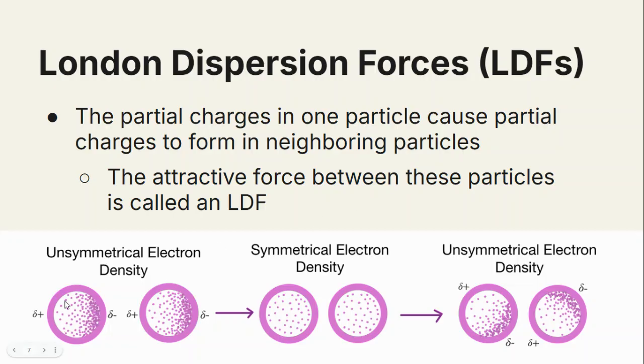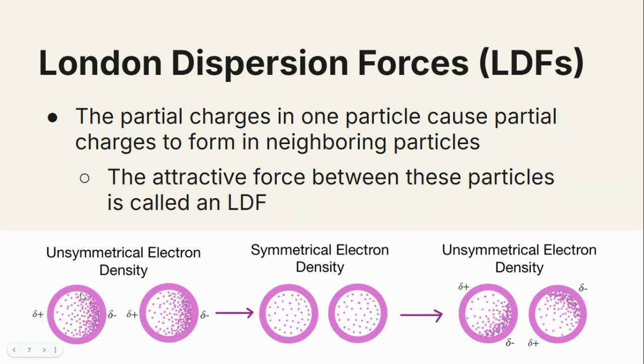So for instance, if this is my particle that just randomly has all these electrons over on the right, giving that side a partially negative charge and giving the other side a partial positive charge, and it comes into contact with another molecule, or particle I should say, that doesn't have that, what's going to happen is this partial negative portion of the molecule whose electrons are unevenly distributed is going to repel the electrons in a neighboring particle, pushing them to the other side, giving that particle a partial positive charge and negative charge due to the uneven distribution of electrons in the first particle.